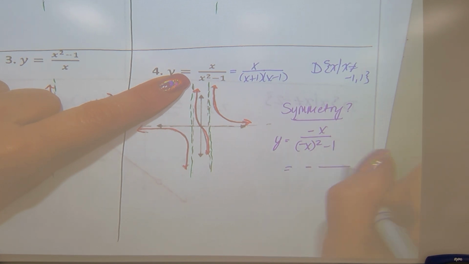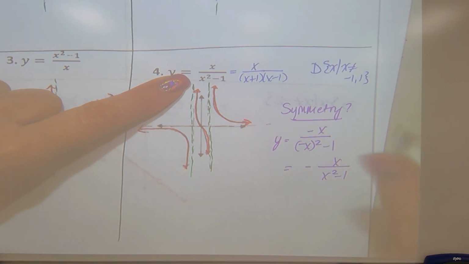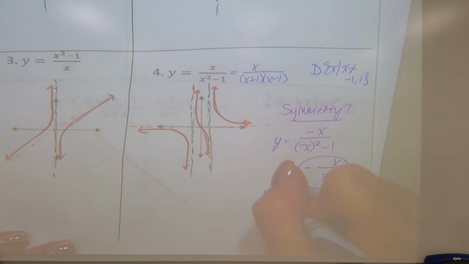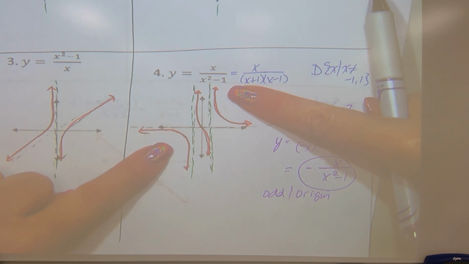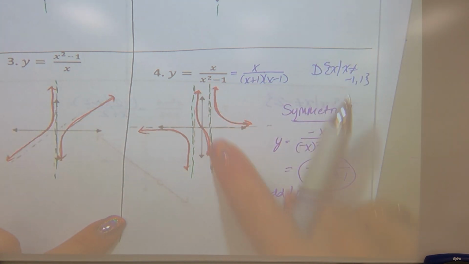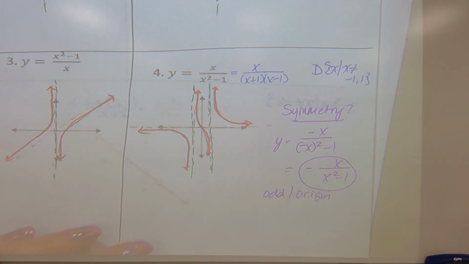So it is a negative x over x squared minus 1, which is the opposite of what I started with. So this is another example of an odd function with origin symmetry. And you can see that twist again in the middle, upper quadrant, lower quadrant. And then for my center section, I've got that cubed function twisting down.